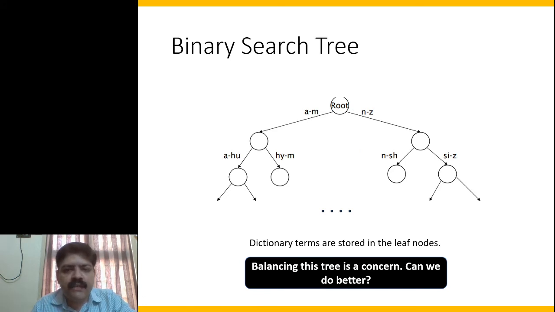So let's say we have the character M in the root. Then if my search term is Brutus, I am looking for a word which starts with B. So let's assume the root represents the first character of my term. Obviously I want B, which means it's lesser than M. So I go to the left subtree and I search for Brutus in this left subtree.